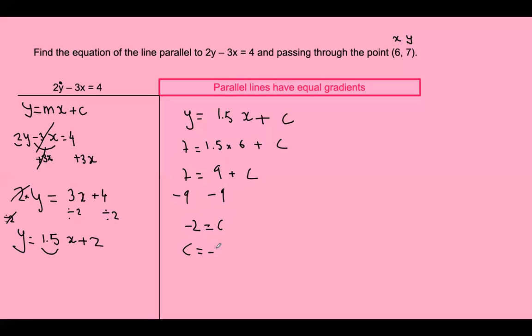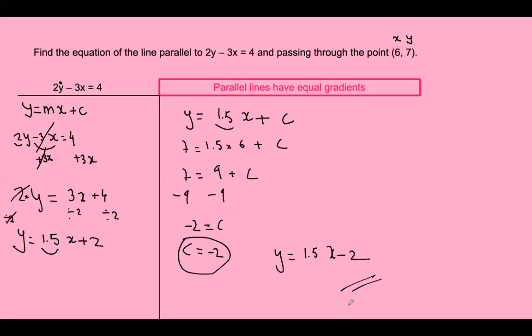There you go, minus 2. And now we just found out the c. We knew the m is 1.5, so we rewrite the equation of the second line. And that is going to be y equals 1.5x minus 2.